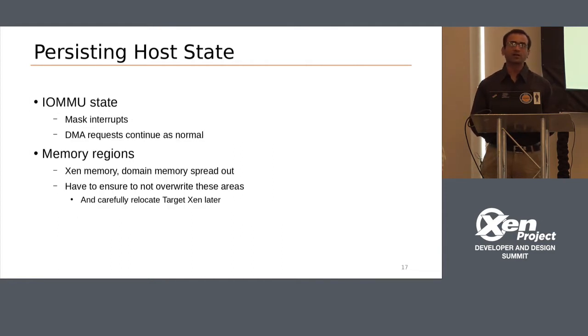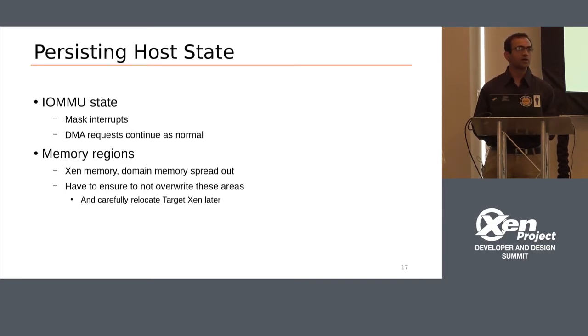There's also some host state that will need to be persisted along with the domains. IOMMU, we would have to keep it running so that DMA accesses continue working. We are going to mask interrupts, so the domains would not be woken up, but DMA needs to work. And the memory regions that are in use by domains, we cannot really trample over them.